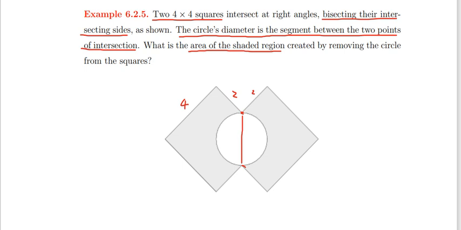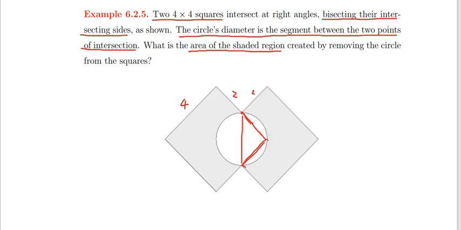So we need to find the area of a square. We extend this to a square, and there is a point just on the circle.